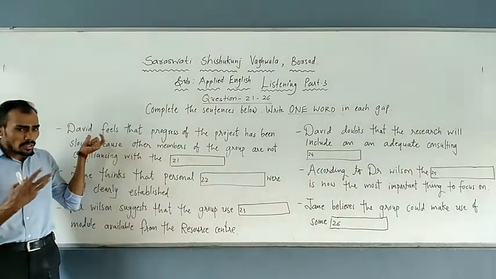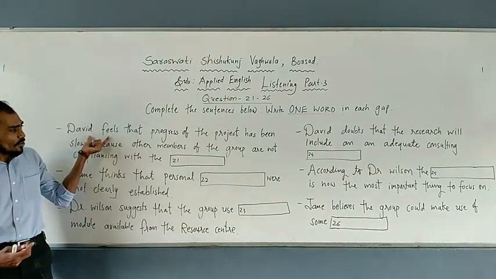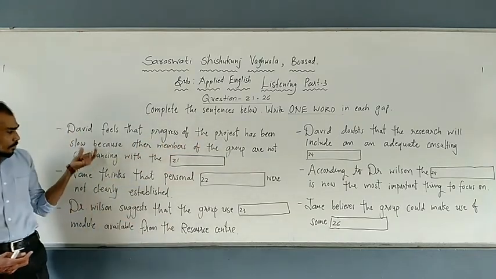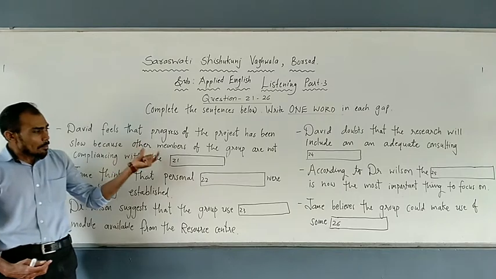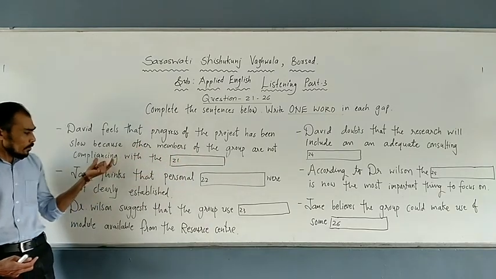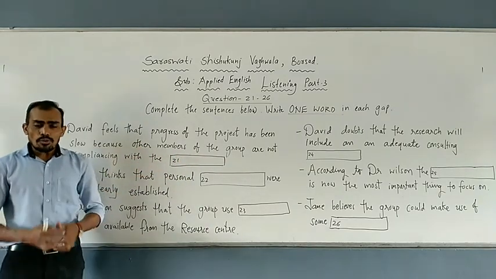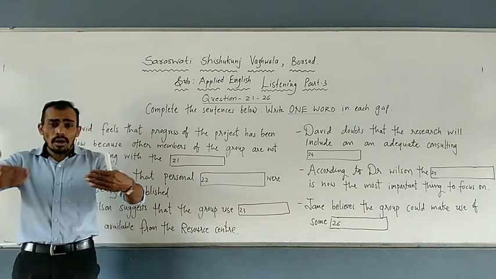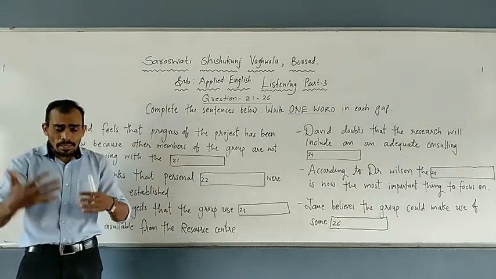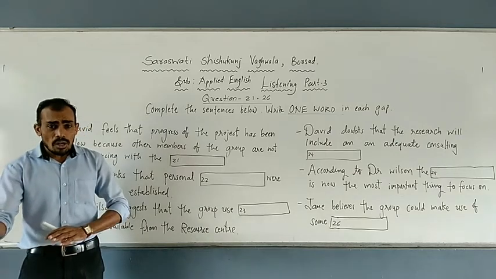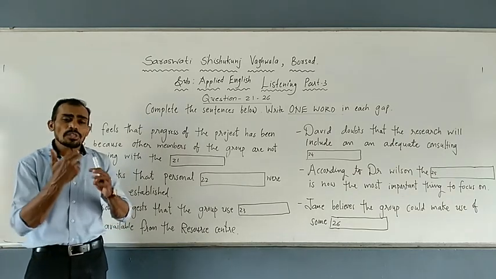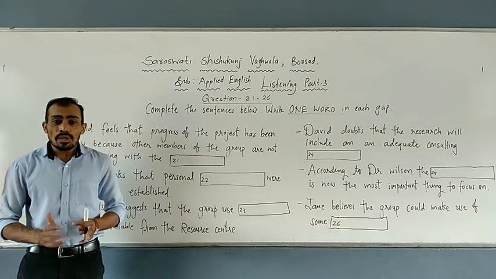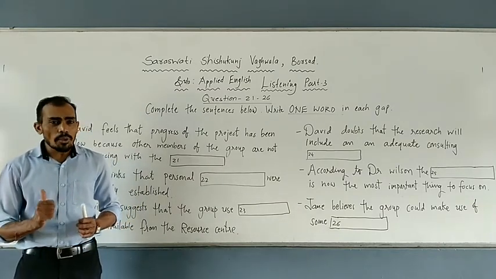Okay? The first question: David feels that progress of the project has been slow because other members of the group are not complying with the... Now students, if you are not listening very attentively, you can come to know the group was not up to the mark, the project was delayed, and they were facing a lot of problems, and Jen and David were not happy at all, and Professor Wilson asked so many questions.